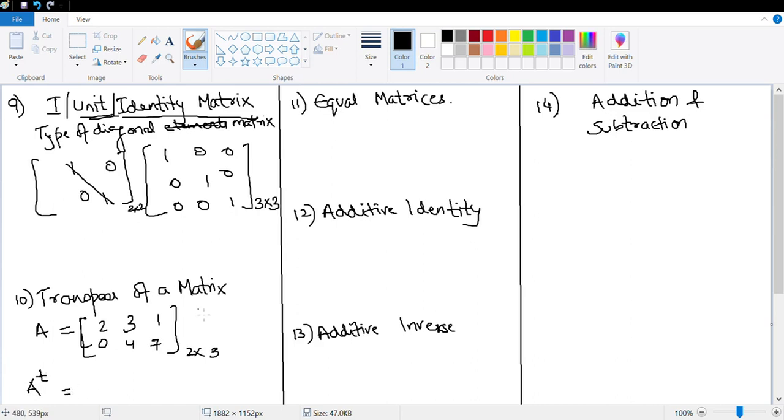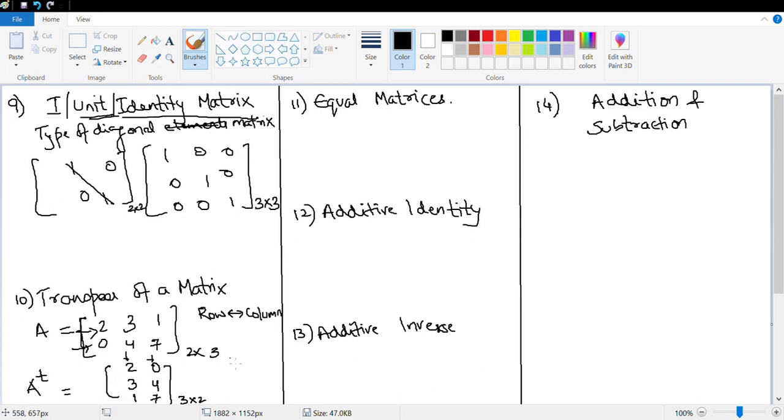It is when you convert matrix rows into columns and columns into rows. So this matrix will be written as 2, 3, 1, 0, 4, 7. The first row became the first column, the second row became the second column. So now this becomes a 3 by 2 matrix. This is known as the transpose of a matrix.